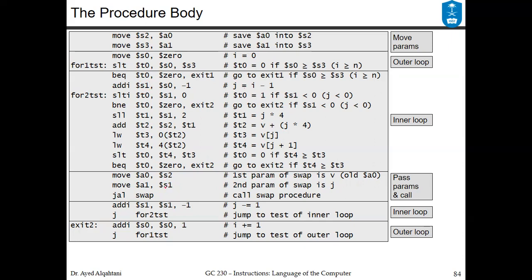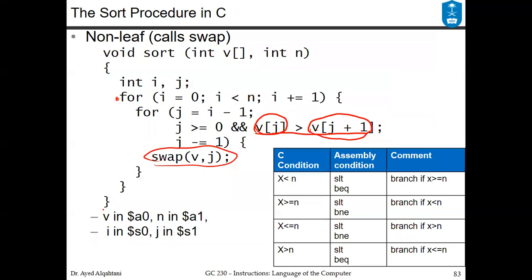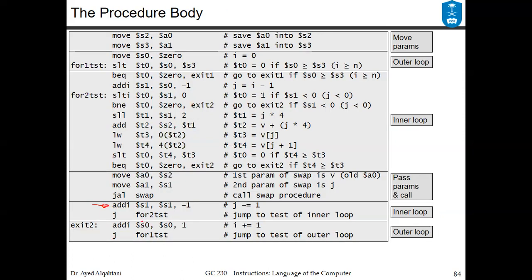Not only here, also after you finish the swap and come back, you will come back here and you need to decrement the J. And this is what happens. You decrement the J by using add immediate, register S1 with -1.